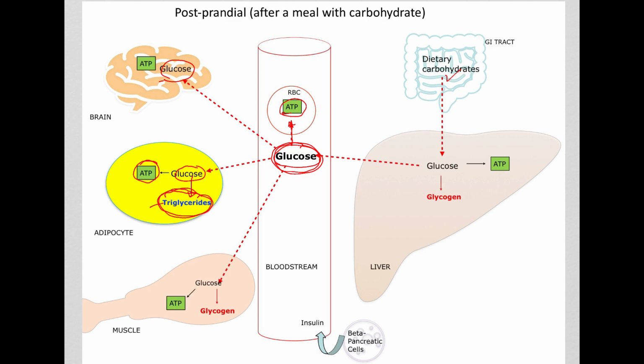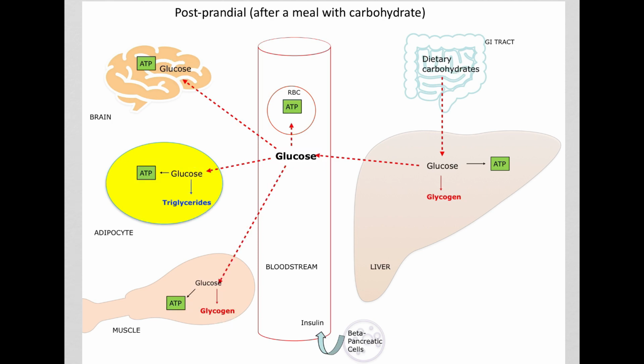Triglycerides are basically a storage form of fatty acids. Glucose will enter the muscle cells, and there glucose again will be used to generate ATP, and the muscle cell will also store some of its glucose as glycogen. Muscles do need additional energy. So most of your glycogen will be in your liver as well as your muscle.